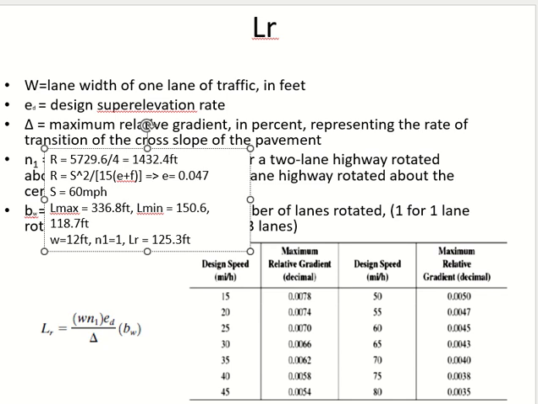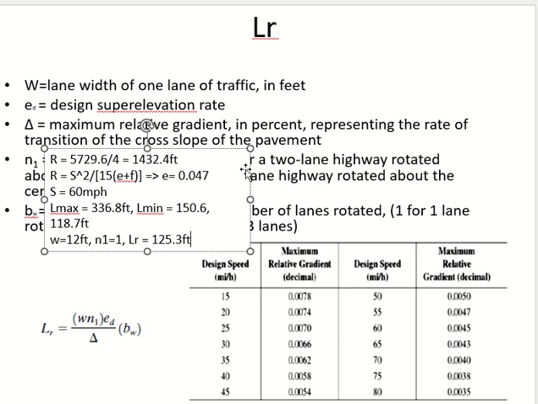Where is the range? From the range of the spiral, it's not in the range. So LR cannot be taken as the length of the spiral. This option is gone.